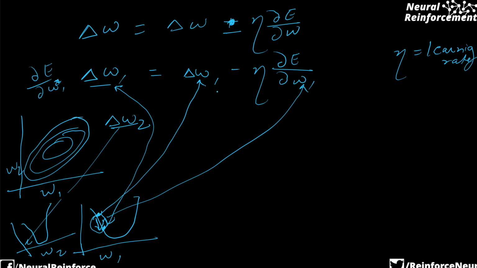Again, if you do not understand any part of it, please go back, because we'll be building on this concept more and more. So we'll solve for W1, and for W2 it will be similar.